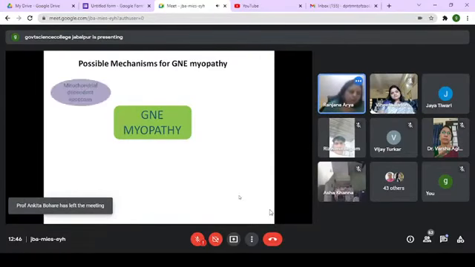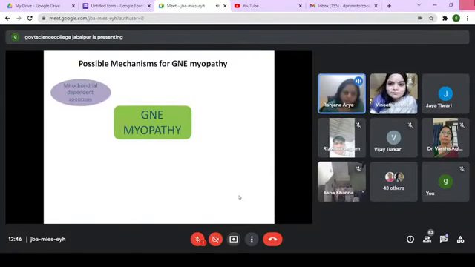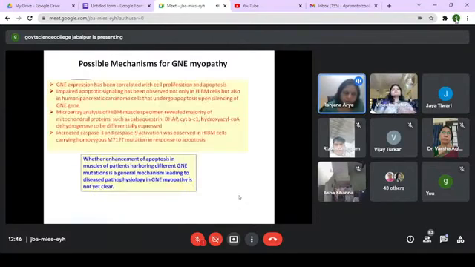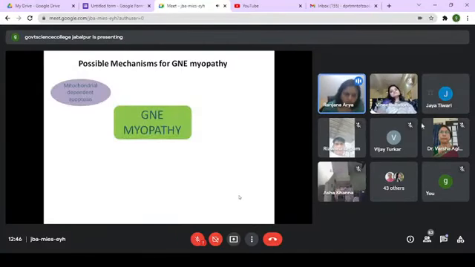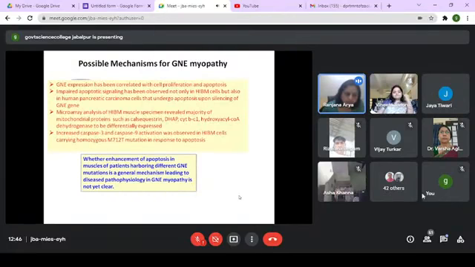There is a possibility of mitochondrial-dependent apoptosis, because studies have shown impaired apoptotic signaling in these cells, microarray studies have shown changes in mitochondrial proteins, and caspase activation has been observed.